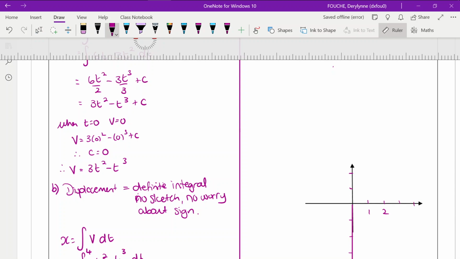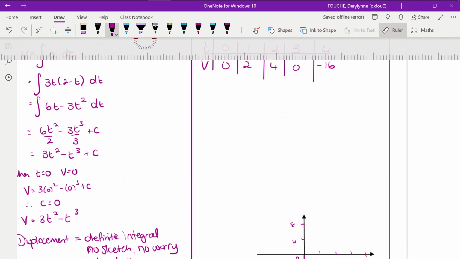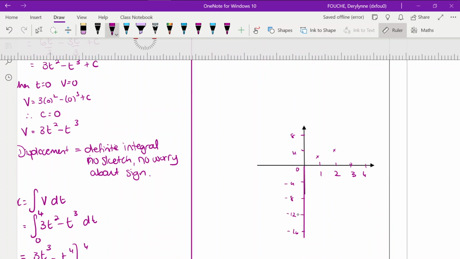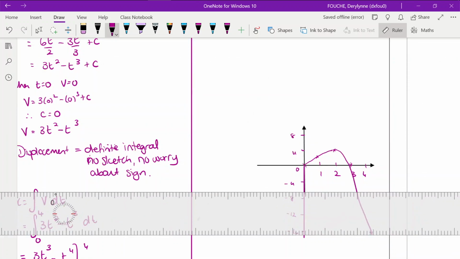Okay, so we have 1, 2, 3, 4: it was 2, it was 4, 3 it was 0, and 4 was negative 16. So that's what my function looks like for my first 4 seconds.